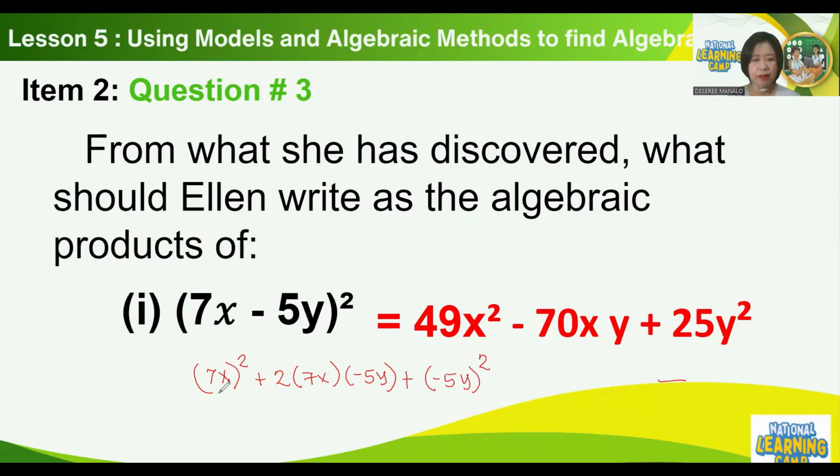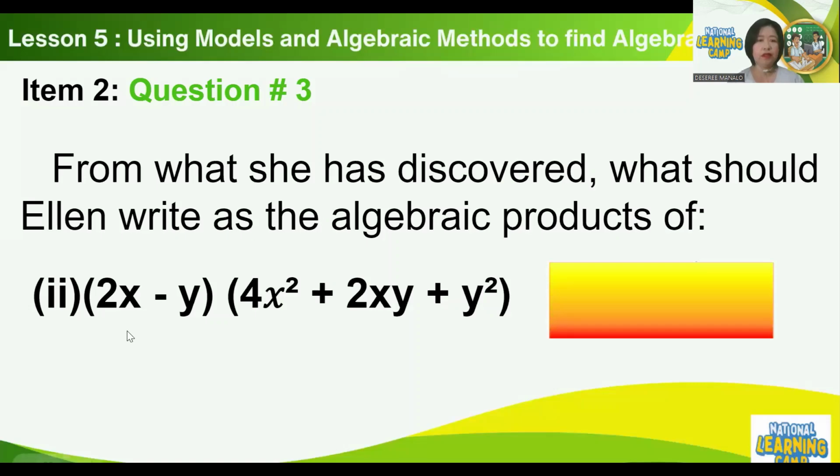Simplifying, 7x times 7x, we have 49x squared. 2 times 7x times negative 5y is negative 70xy. And negative 5y times negative 5y, the square of negative 5y, is positive 25y squared. So we have the same answer.